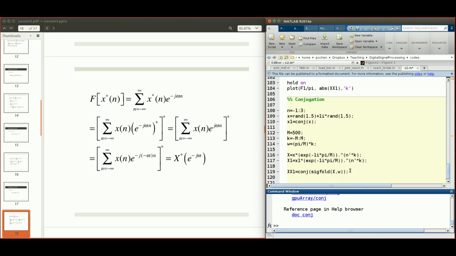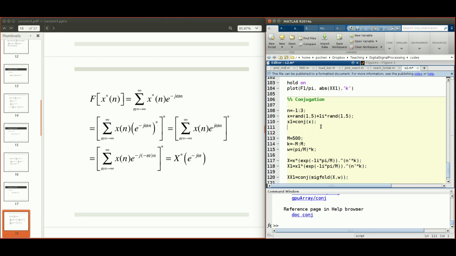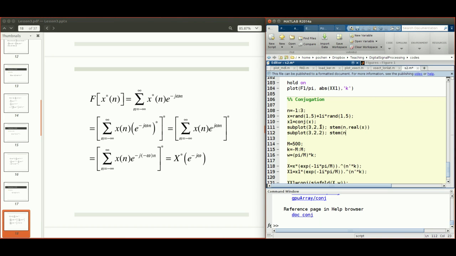And we can take a look at it. Let's do subplot 3 rows, 2 columns, and the first one, I'm going to do a stem of n and the real part of x. Then subplot 3, 2, 2: stem n, imaginary part of x.